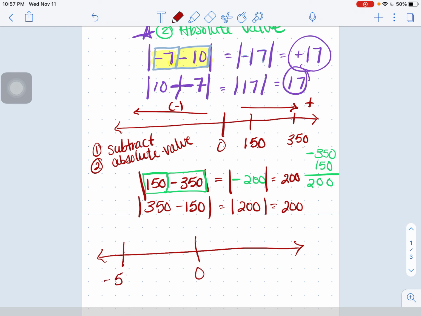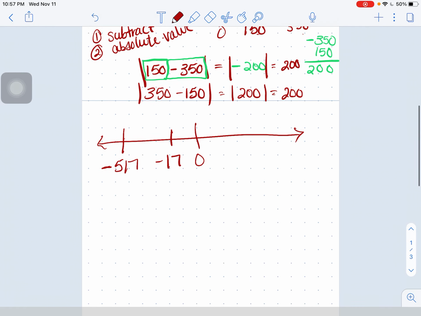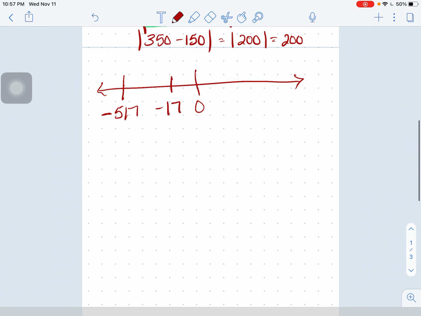So negative 517. And we'll say we have negative 17. I'm going to follow my two-step process. So 1, I'm going to write my numbers down before I ever get going. And I want to subtract these, so I have to put negative 517 minus that negative 17. So that gives you that double negative here, which makes a positive, and we're going to find the absolute value.